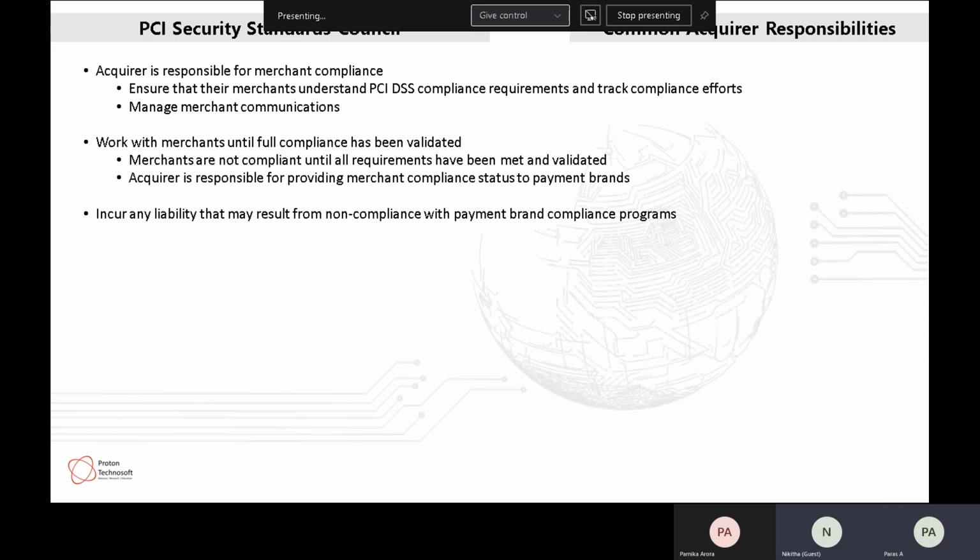So what liability will Proton Tech face at that time? For example, if I have not done due diligence, or have not taken proper measures for maintaining the security of my card data environment, then I am responsible for the penalties put in by Visa or MasterCard.